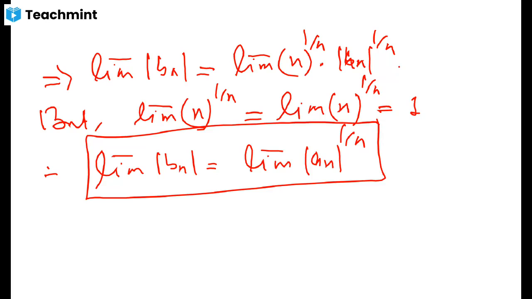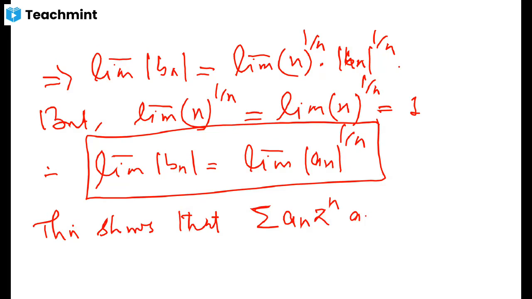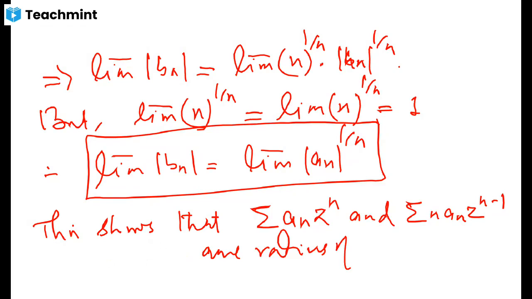And this shows that both the power series, the first one a_n z to the power n and its differentiated power series n a_n z to the power n minus 1, have the same radius of convergence.